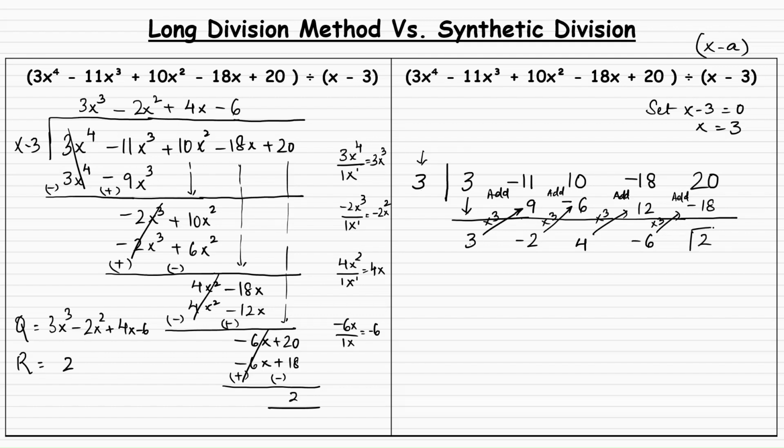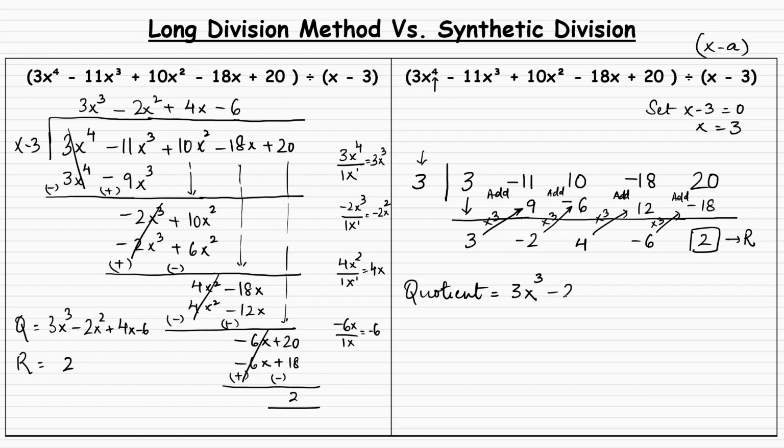This last number is my remainder, and all these other numbers are the coefficients of my variable x. Let's write the quotient. Quotient is 3x. In the question, we started with x4, so here it will be x cube, 1 less than that.